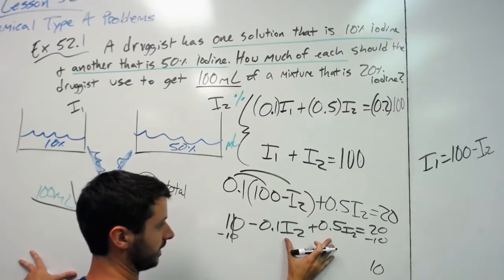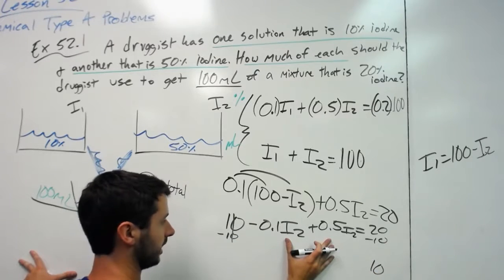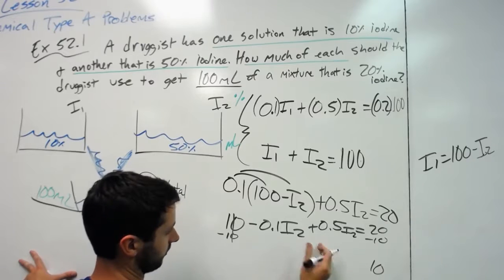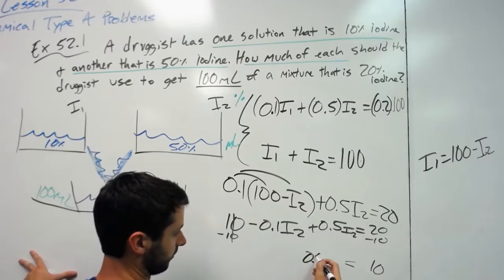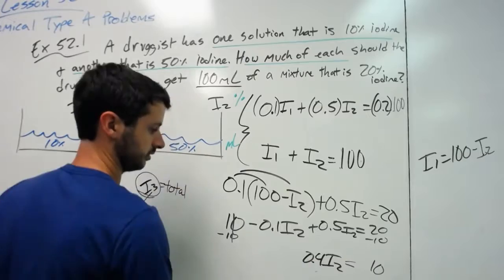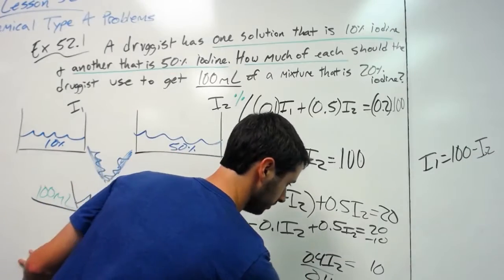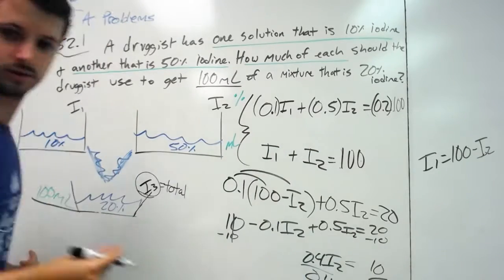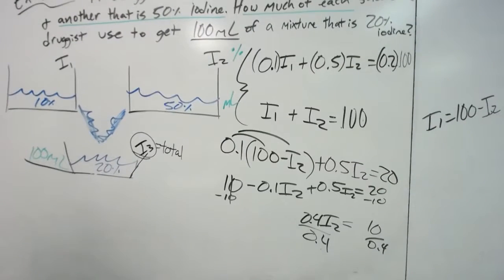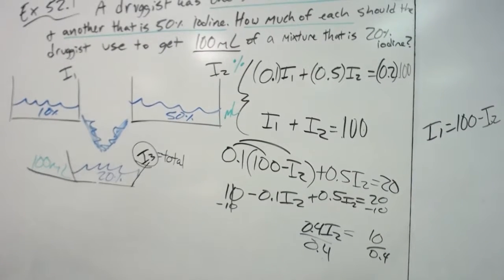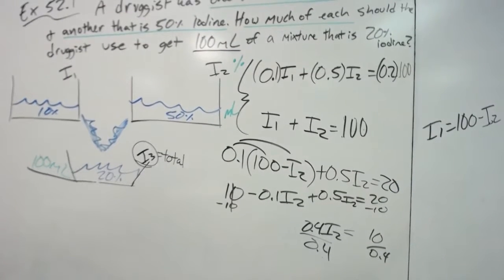Add my iodine 2's: negative 0.1 plus 0.5 is 0.4 iodine 2. Divide. 10 divided by 0.4 is 25.